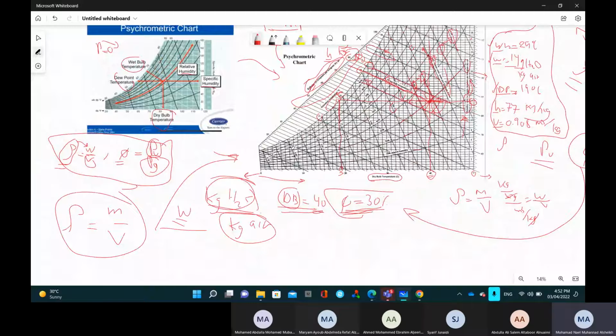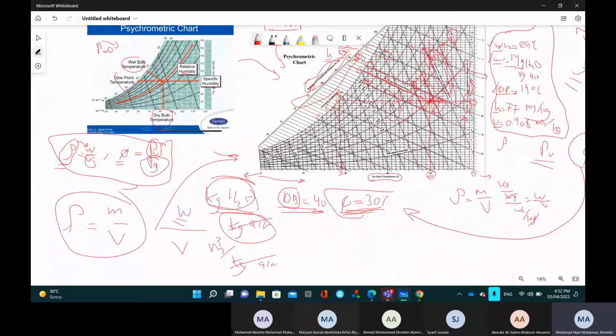So this is divided by the specific volume, which can be found here, in cubic meter per kilogram air.